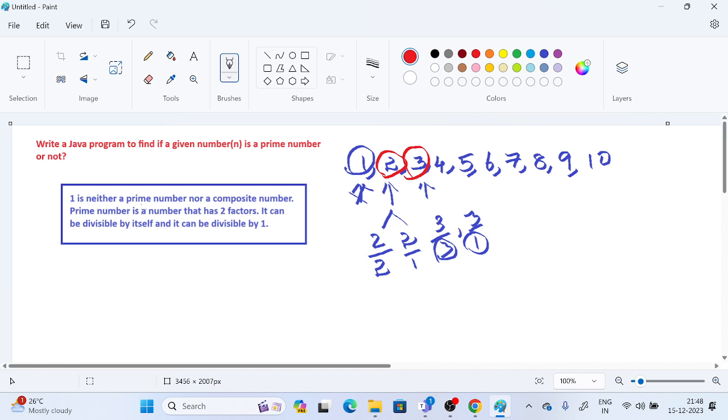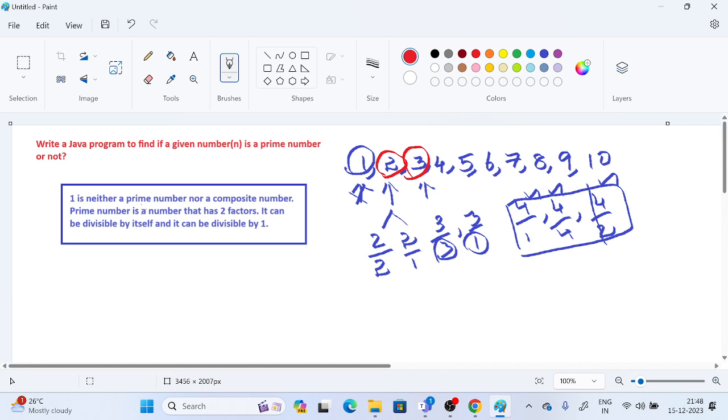Right? Let us take 4. Four is perfectly divisible by 1, and it is perfectly divisible by the number itself. Apart from that, 4 is also divisible by 2, perfectly. So it has 3 factors: factor number 1, factor number 2, factor number 3. So 4 is not a prime number.